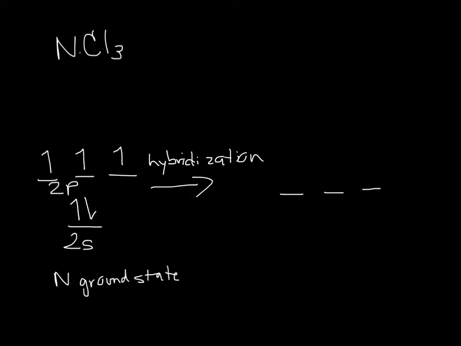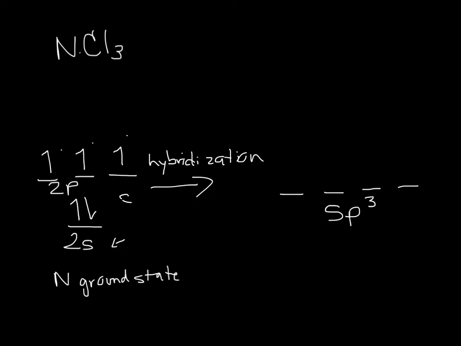So 1, 2, 3, 4, and since we have an s here and p here, this is going to be called sp3 because we have 3 p's here.